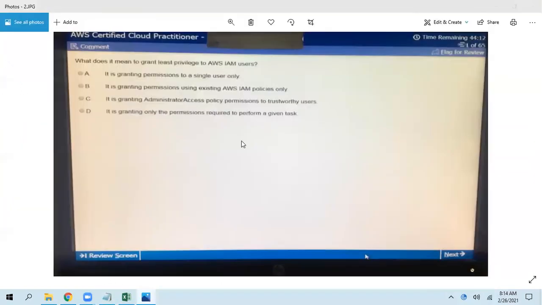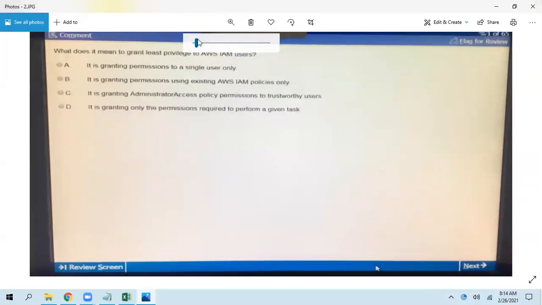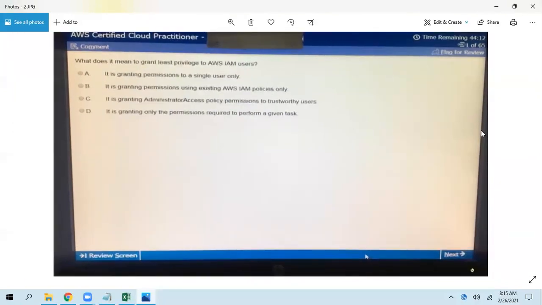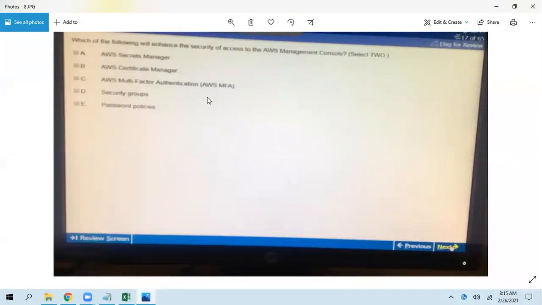I will give a question and answer window. So here is the first question. What does it mean to grant least privileges to an AWS IAM user? These are certification questions related to IAM. D, granting only permission required to perform a given task.